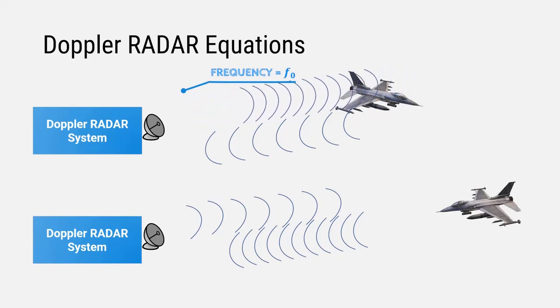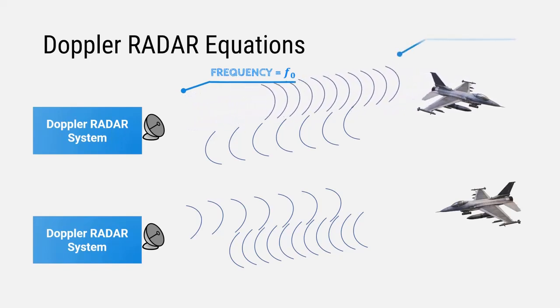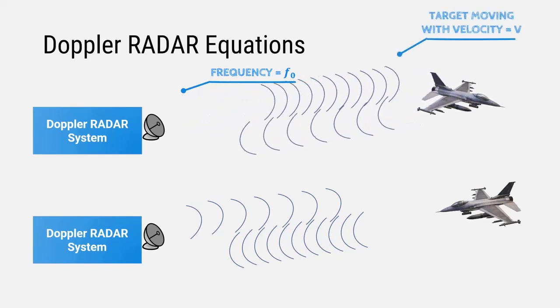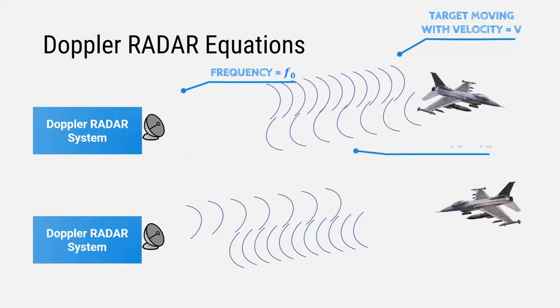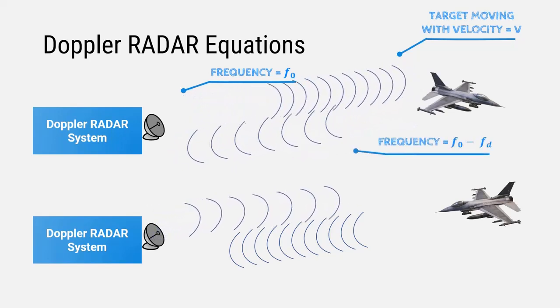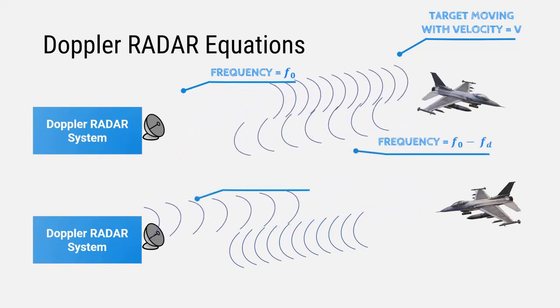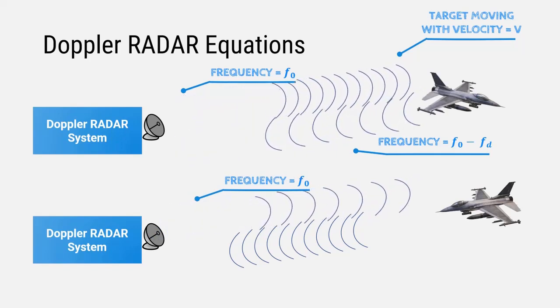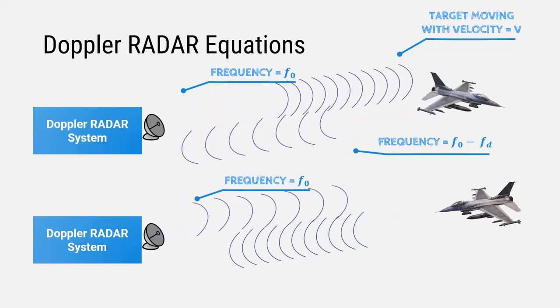As we already discussed, whenever we are transmitting a microwave with frequency f0, if the target is moving away from the Doppler radar system, then the received or reflected frequency is going to be reduced by the Doppler frequency, which means the frequency of the received signal is going to be f0 minus fd.